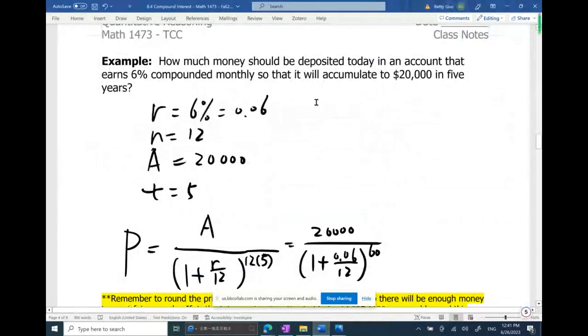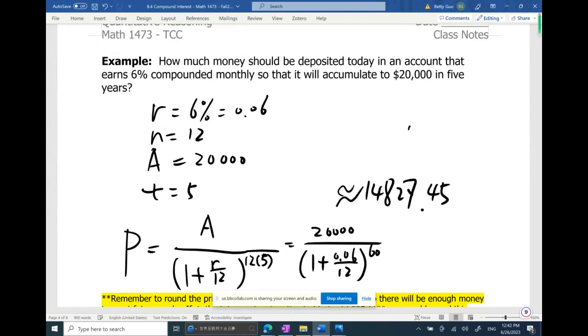So the answer is approximately 14827.45. You might wonder, we rounded up. Yes, very, very important. When you are looking for present value, the original amount of money you need to deposit to secure a certain amount of money in the future, you want to always round it up.